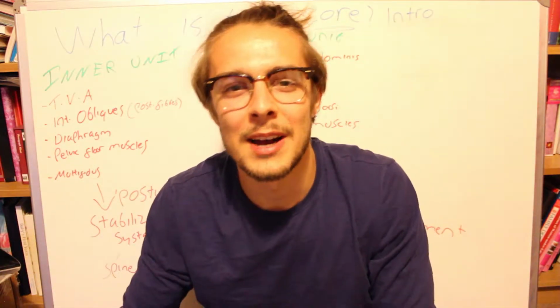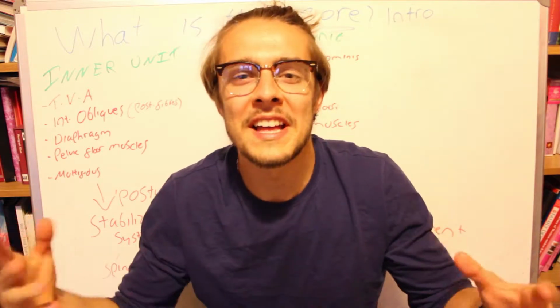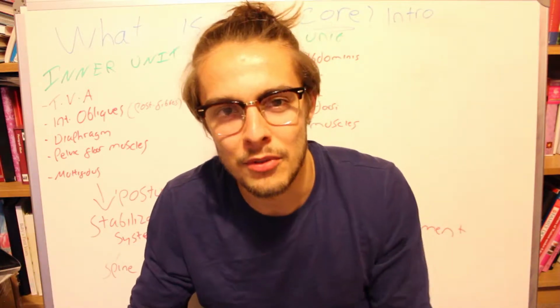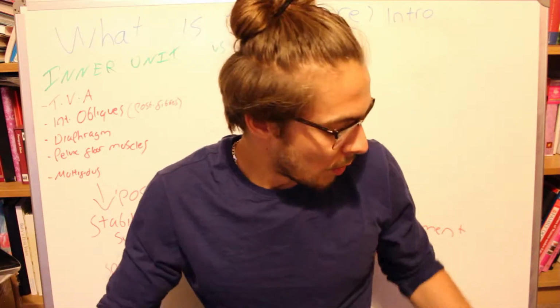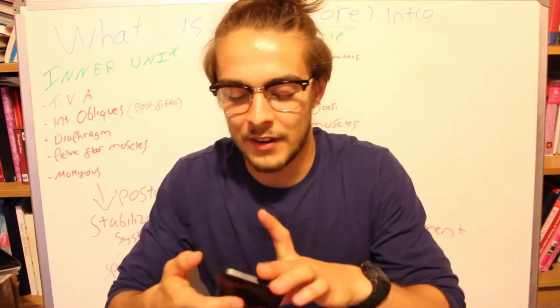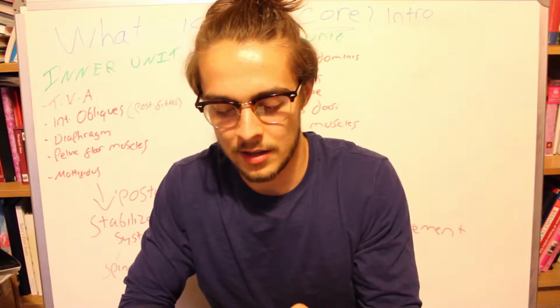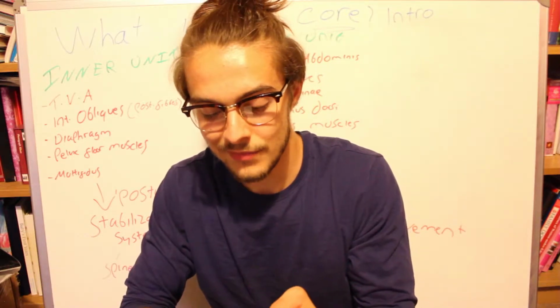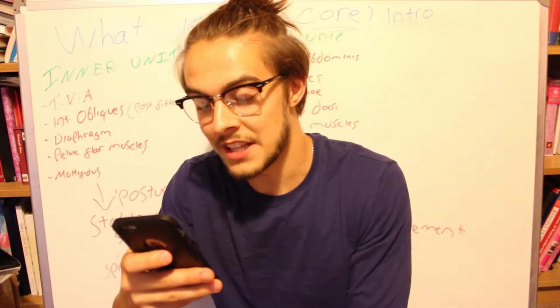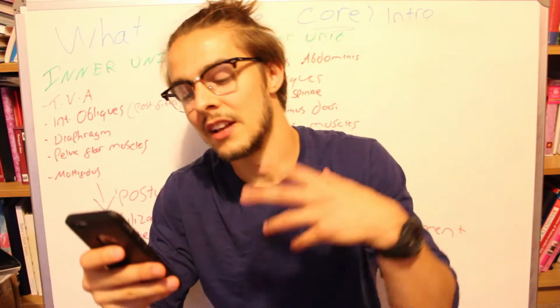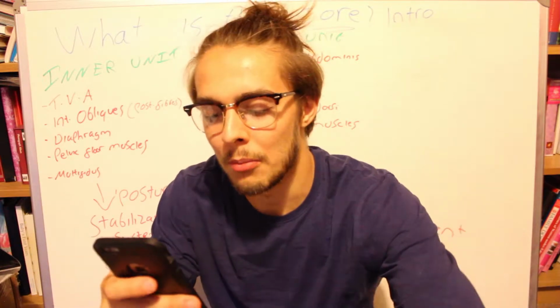Today we are talking about the core. What is the core? That's the title of the video. You've seen it, you clicked on it. So what is the core? Well, I googled it to try and find out what Google said, and what Google said is anatomical core, a definition and functional classification on sciencedirect.com.